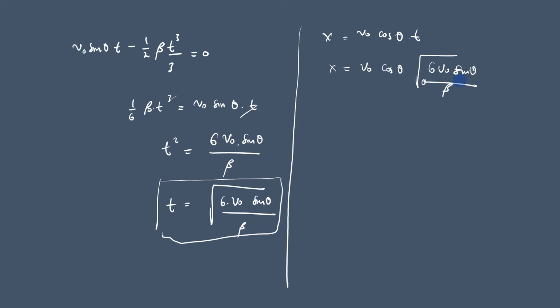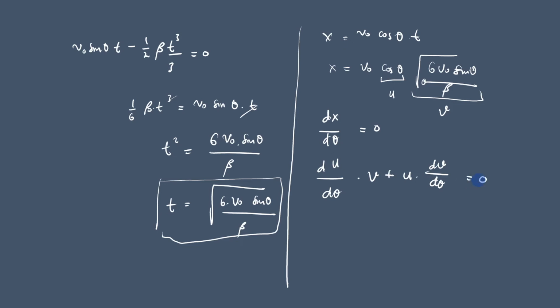Okay, the maximum value of x we get from dx/d theta equals 0. Let cos theta be u and let this term be v. So the derivative of this term is du/d theta times v plus u dv/d theta equals 0. We can substitute this term, so we get minus sine theta.